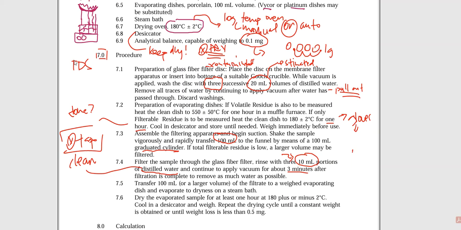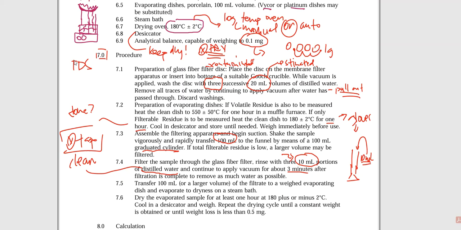Also, I will encourage you, it doesn't specifically say this in the method, but in this graduated cylinder there could be some residue that's left behind. So I would actually take the 10 milliliters of that water and add it into this graduated cylinder and swirl it around and then dump it onto the filter paper. So not only rinse your filter paper, but you're also rinsing the graduated cylinder that had your sample contained within it.